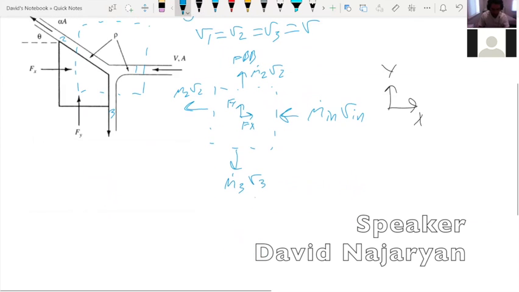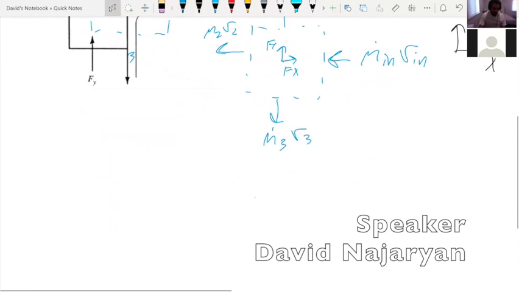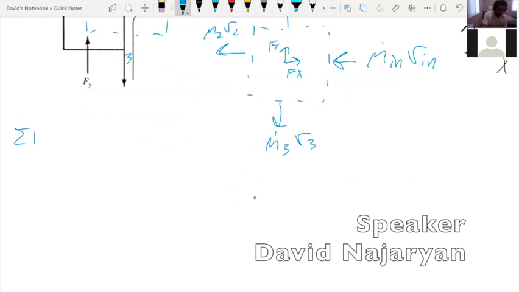Okay, so just from what we learned, the summation of forces equals the mass flow out times the velocity out, minus the mass flow in times the velocity in. This is that big integral equation we had.